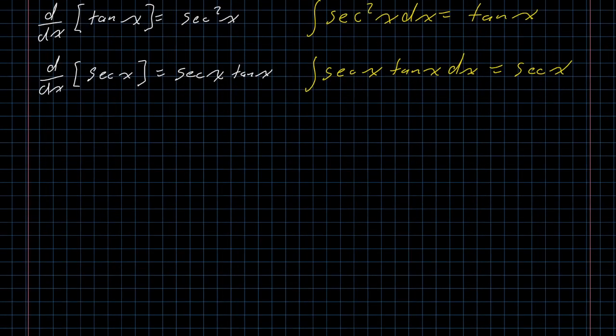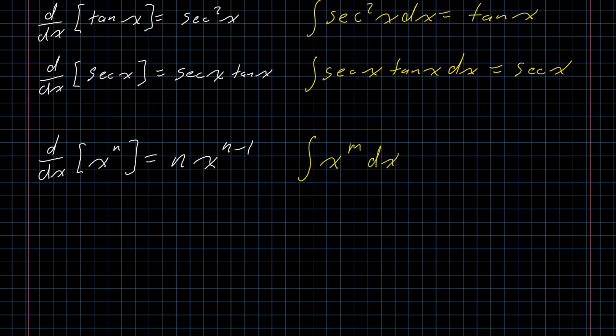What other rules do we have for integration? Well, we have the power rule. And we can turn the power rule on its head and come up with the integral of x to the m dx. And I do use a different value for the exponent here.